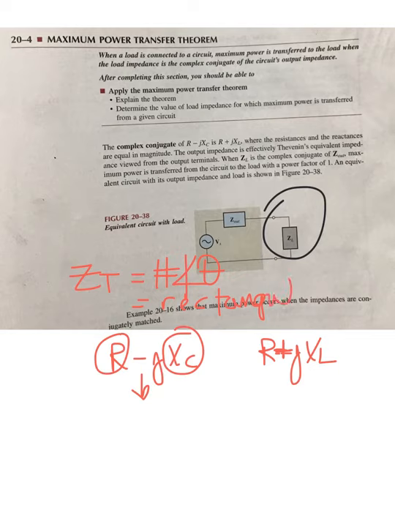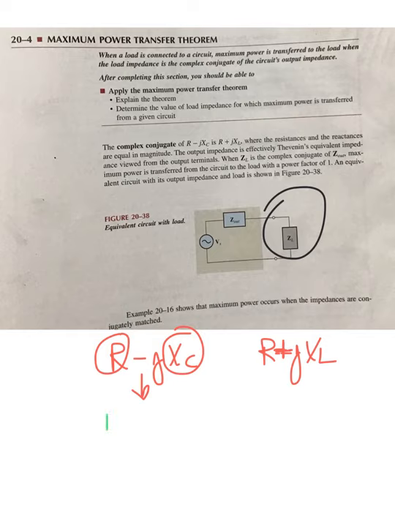When you do that, you end up with one of these or one of these down here. Now, that's your final answer for a regular ZT problem. But when they are asking you to compute the maximum power transfer, what is the load, you have to convert your final answer into a complex conjugate.